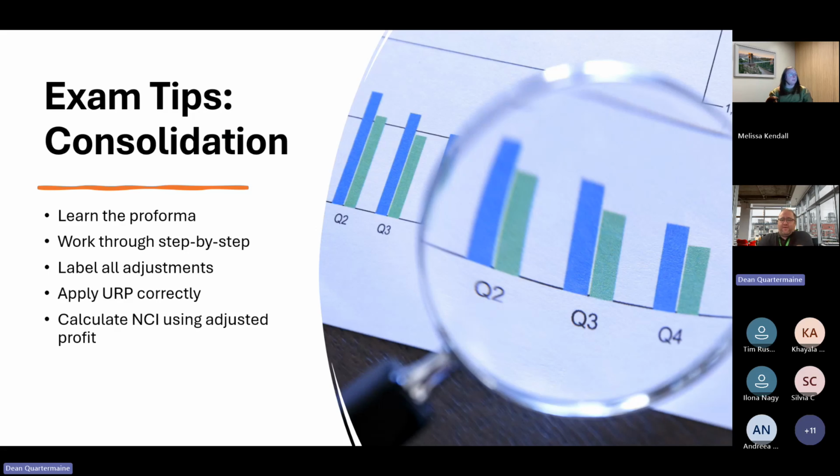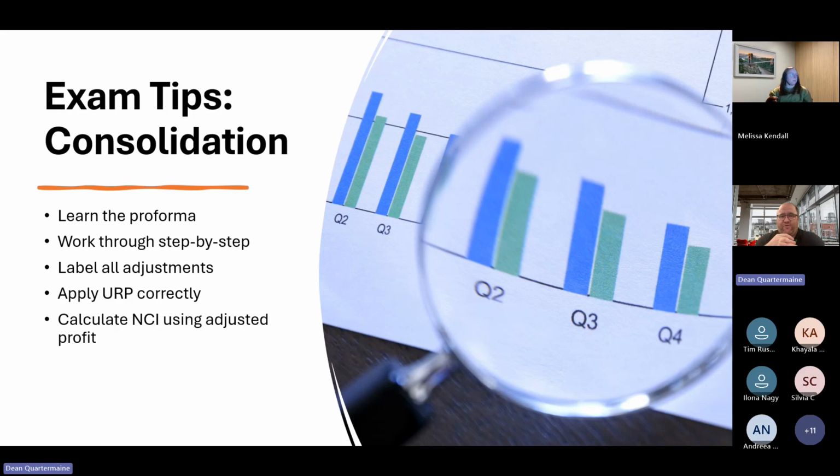Exam tips then. So things that I think you should be able to do, or some things that you need to learn along the way. Learn what the pro forma looks like for the consolidated statement of profit or loss. So that's revenue, cost of sales, gross profit, and operating expenses, and so on and so forth, right the way through.